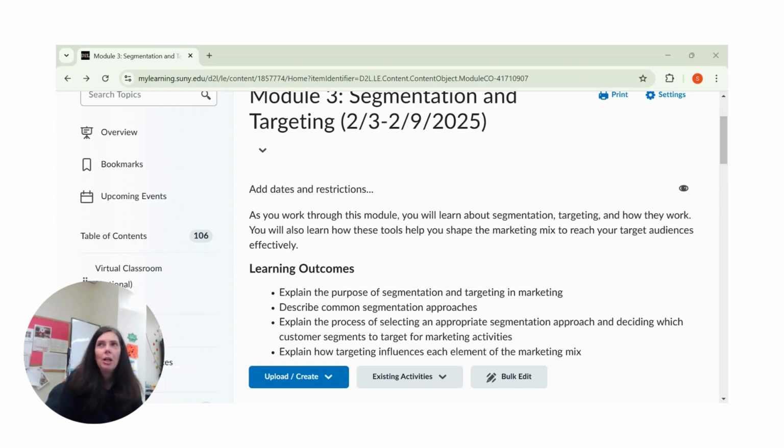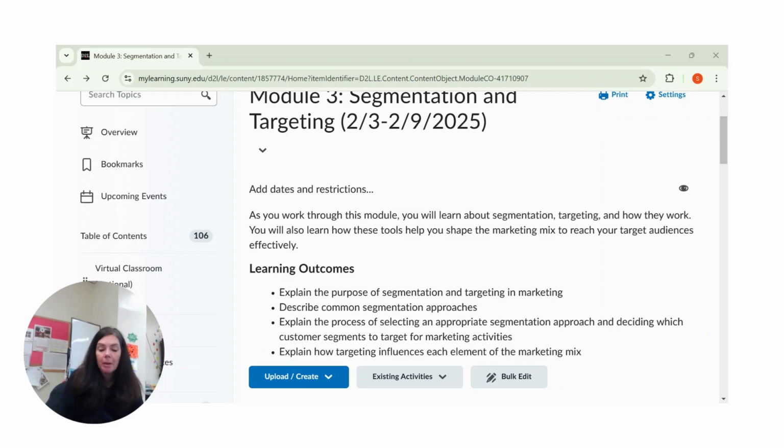So if you were trying to market someone who was very athletic, that's a specific lifestyle. Their personality, their attitude, social class, those all fall into the psychographic segment. The third segment is the behavioral segment. So their user status, how often they purchase things, their loyalty and readiness to buy.